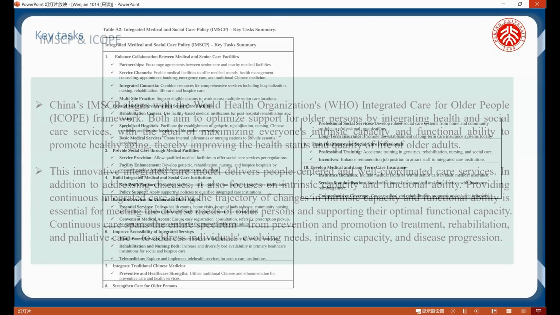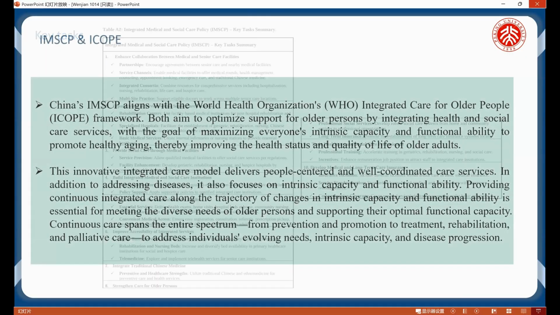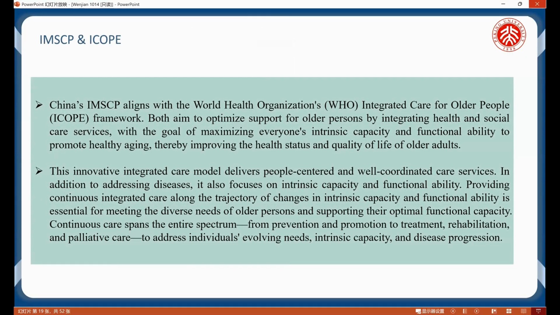China's IMSCP aligns with the WHO integrated care for older people. Both aim to optimize support for older persons by integrating health and social care services, with the goal of maximizing everyone's intrinsic capacity and functional ability to promote healthy aging.